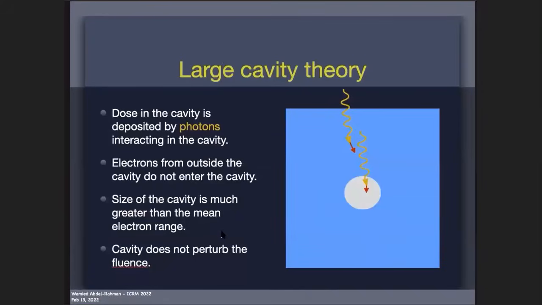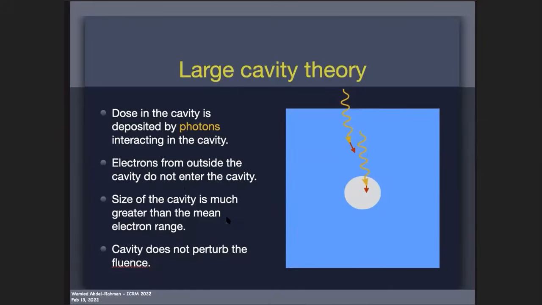So there are a number of cavity theories. The large cavity theory has a few assumptions. The dose in the cavity is deposited by photons interacting in the cavity. Essentially, photons that are interacting in the medium do not contribute to the dose in this cavity here. And the electrons outside of the cavity do not enter the cavity. So the dose in the cavity results only from the photons interacting in the cavity.